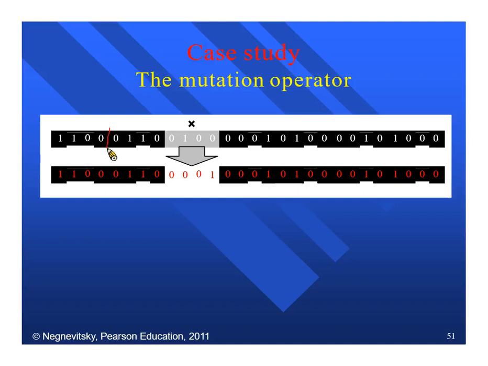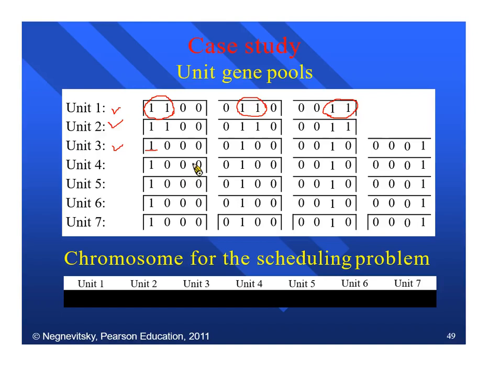This is unit 1, unit 2, unit 3. When unit 3 does the mutation, it can only select unit 3's possible combinations. So they select this one. It is done using the table, which unit will replace the current one.